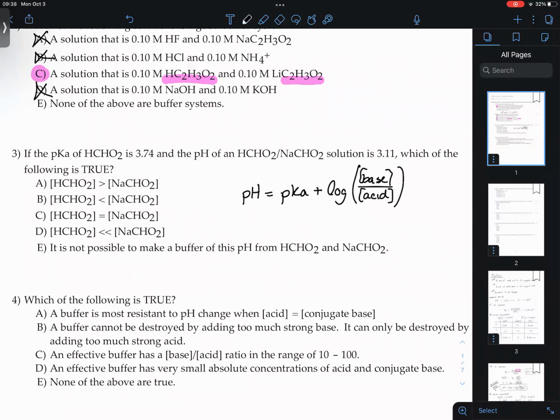Okay. So if we look at our Henderson-Hasselbalch equation here, I'll give you a few more seconds here.